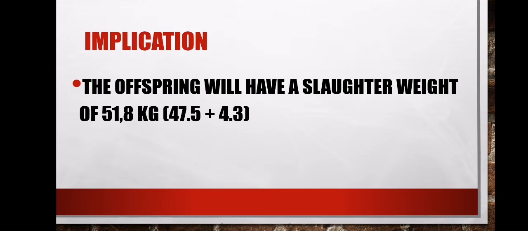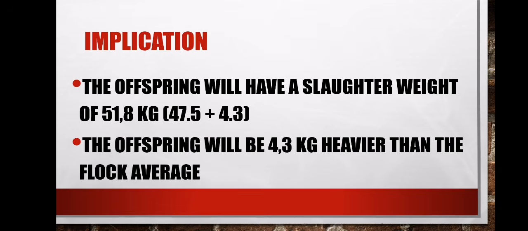Where do we get the 51.8? We said the average plus the answer that we got, which is 4.3. So the offspring will be 51.8 kg. Or else we say the offspring will be 4.3 kg heavier or greater than the flock average.